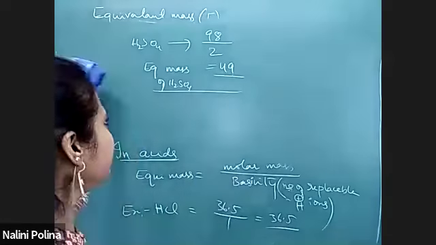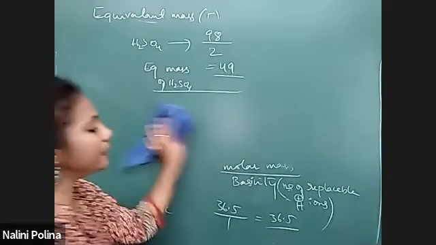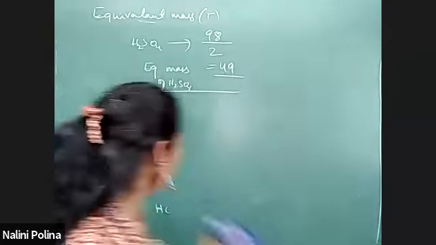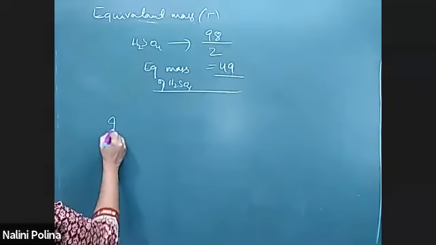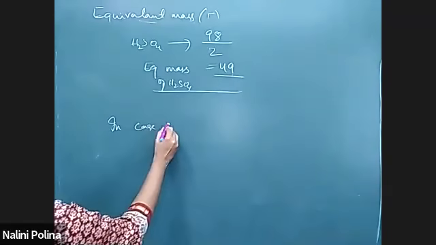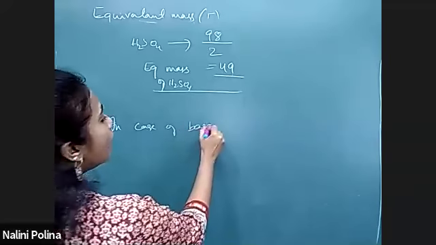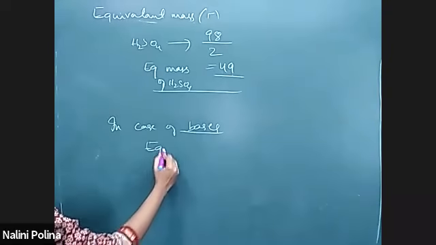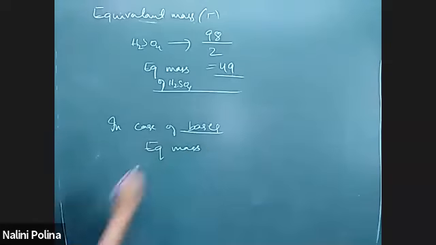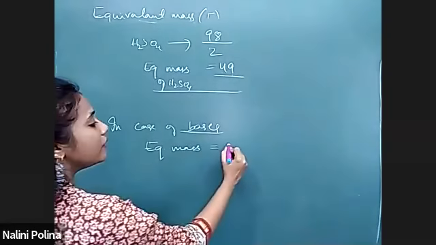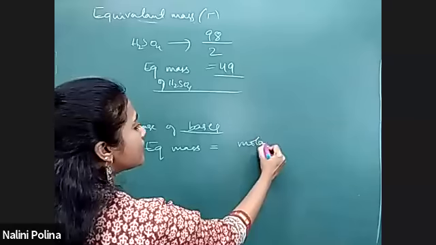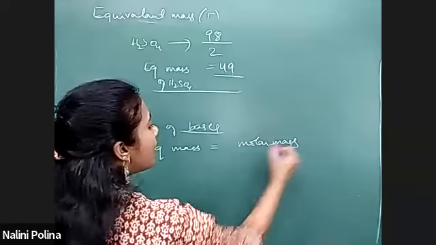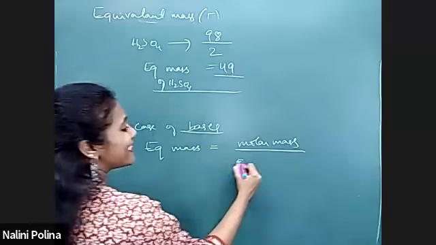Okay, fine. And now coming to the bases. In case of bases, how to find the equivalent mass? In case of bases, equivalent mass is equal to molar mass divided by acidity.